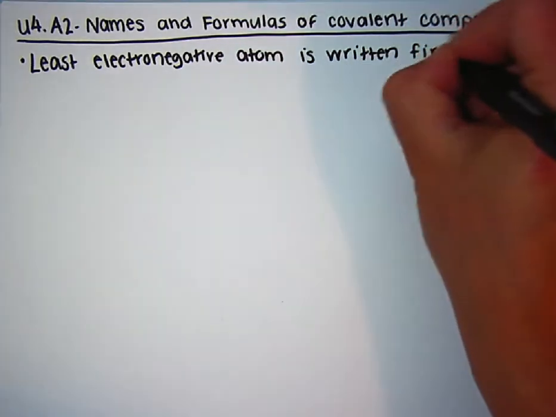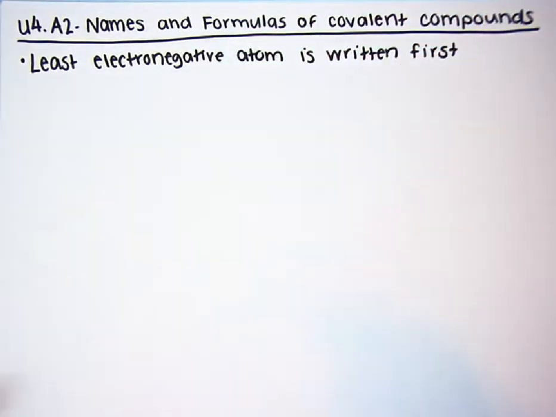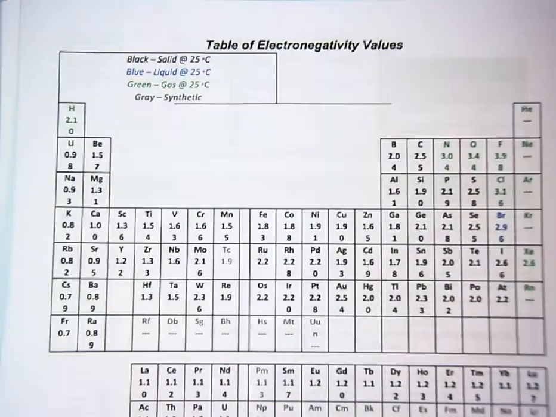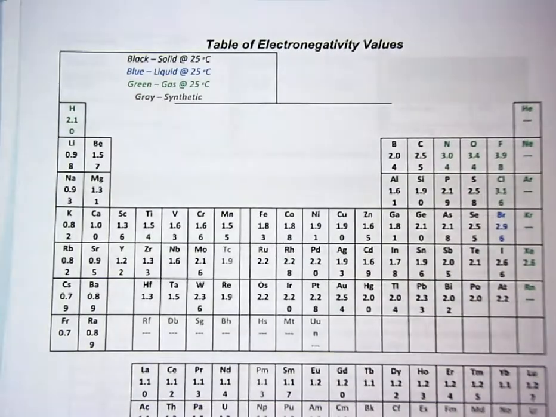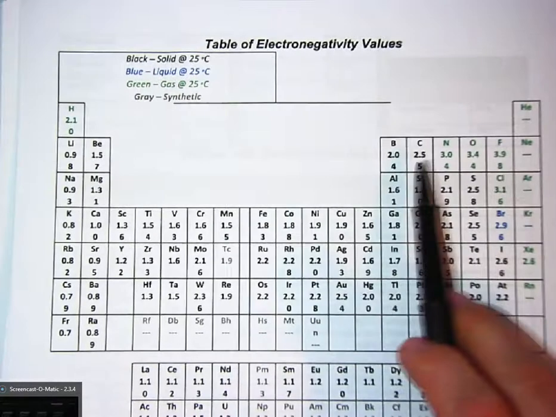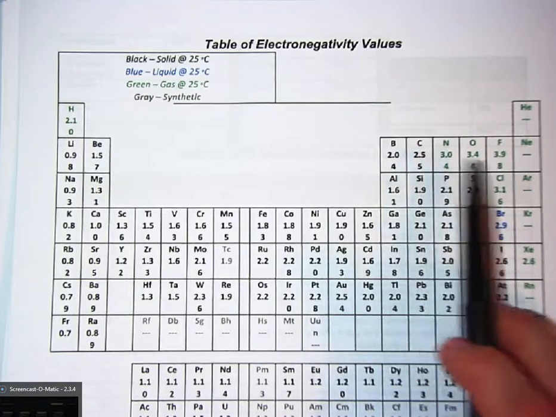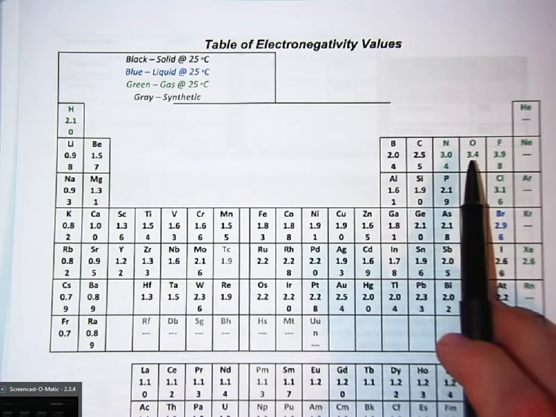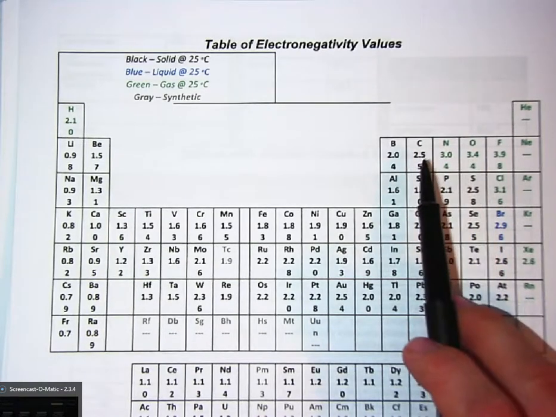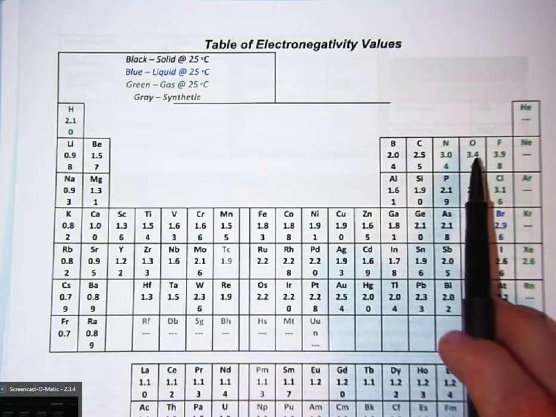So similar to ionic, whichever one is more positive or whichever one is least electronegative. In your resource packet, we have a table of electronegativity values. So let's say carbon was forming a covalent bond with oxygen. Carbon is least electronegative, so we would write carbon first, followed by oxygen.